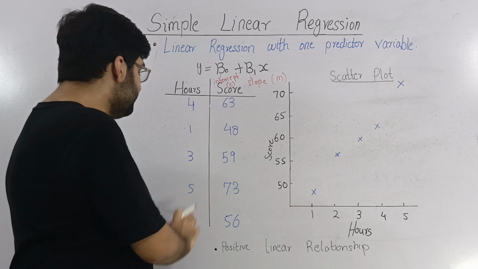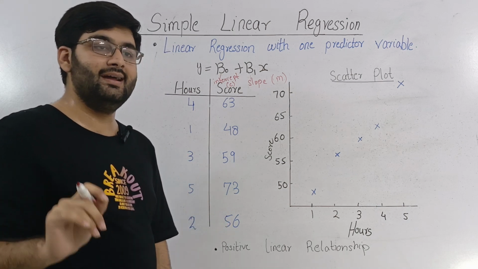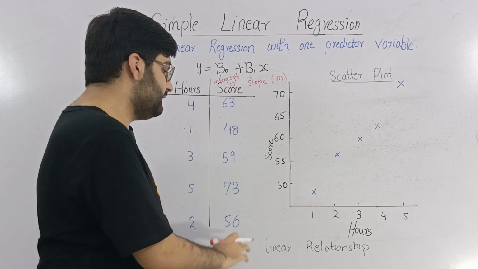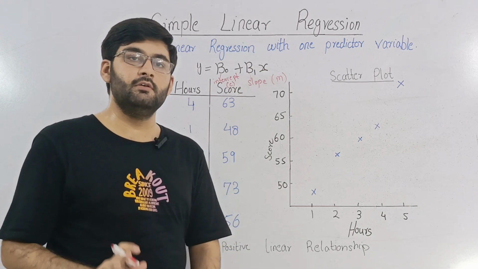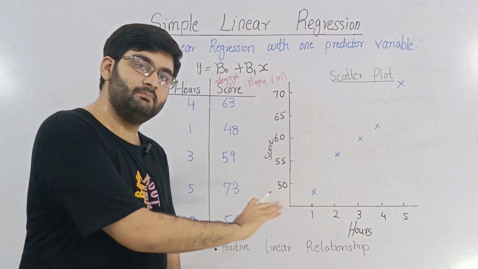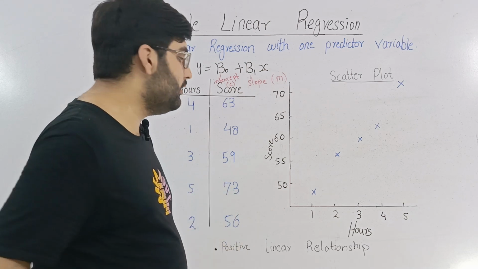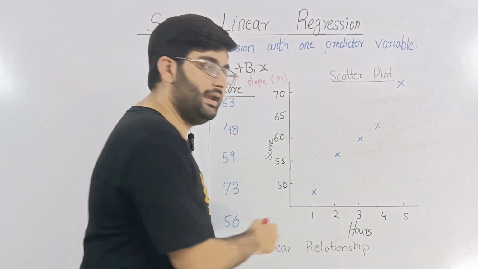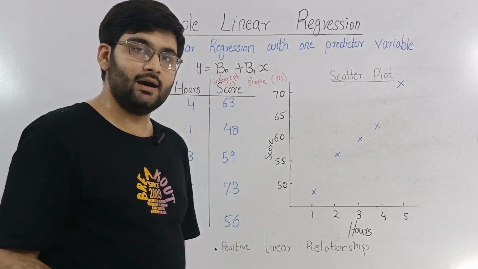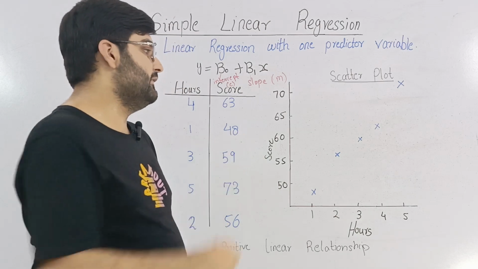The number of hours studied by the student is the predictor variable, and the test score is the target variable. We start by plotting this data set on a plane. We plot the predictor variable on the horizontal x-axis and the target variable on the vertical y-axis.